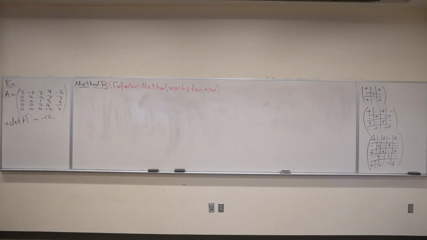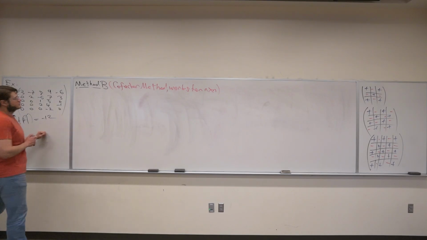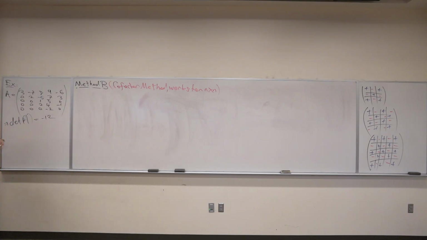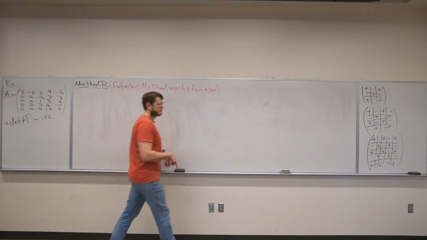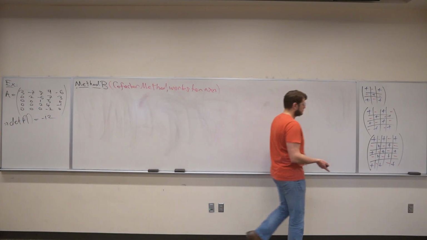The idea is this with the second cofactor method. It's a recursive calculation. You say if I'm trying to compute the determinant of a 5 by 5, well, I'm going to write that 5 by 5 determinant in terms of 4 by 4 determinants.